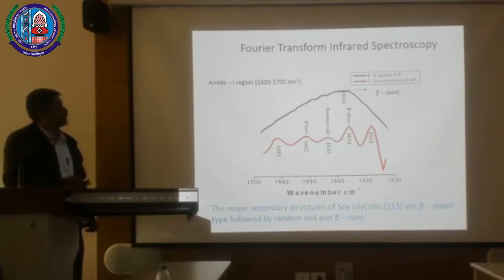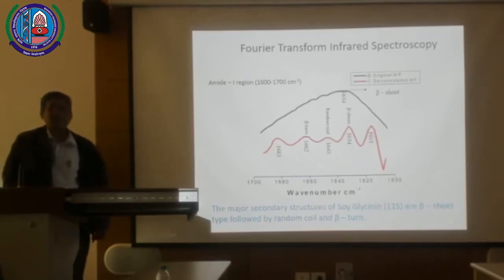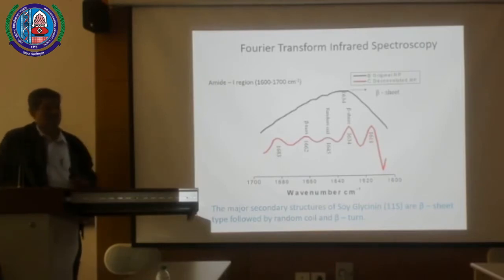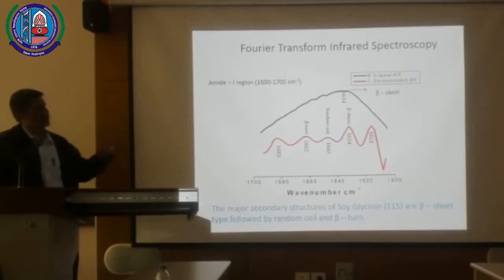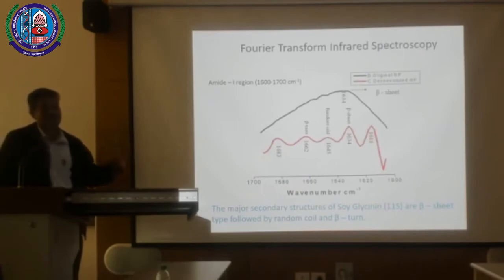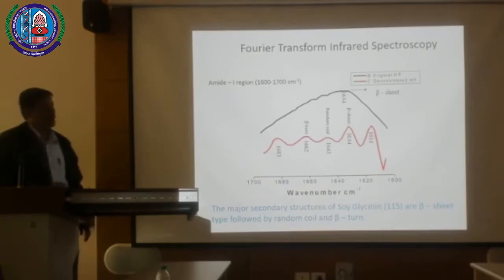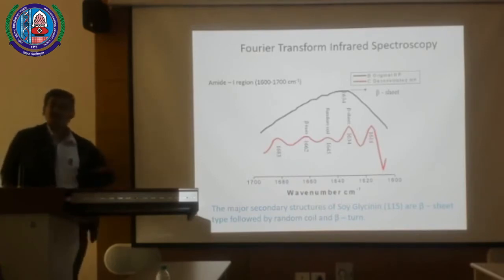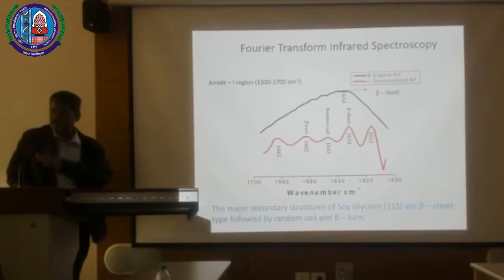This amide 1 region, 1600 to 1700, is the region of our interest, because the protein amide 1 region gives the structural information. There's amide 1, amide 2, amide 3, but there are many concerns about amide 1 here. We'll be discussing how to set up that experiment, but I'm not going into that aspect.